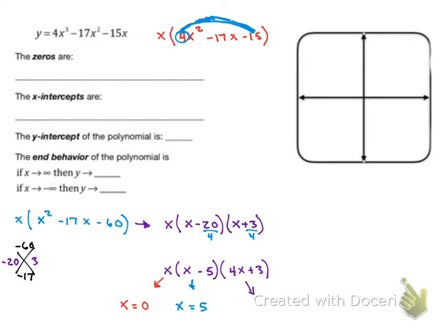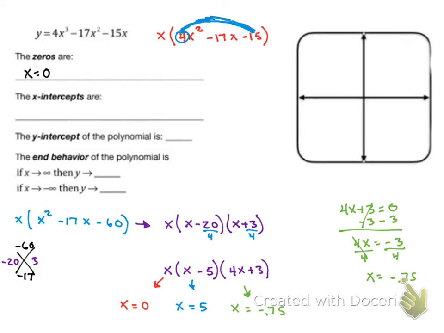And for this last one, 4x plus 3, we set it equal to 0, subtract 3, we get 4x equals -3, divide by 4, and we get x equals -0.75. Okay, so now that gives us all our zeros. So for the zeros, we can write x equals 0, x equals 5, and x equals -0.75.